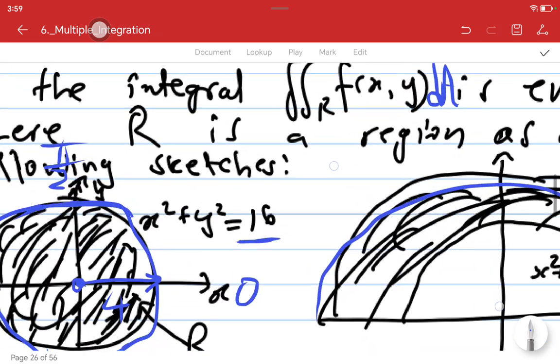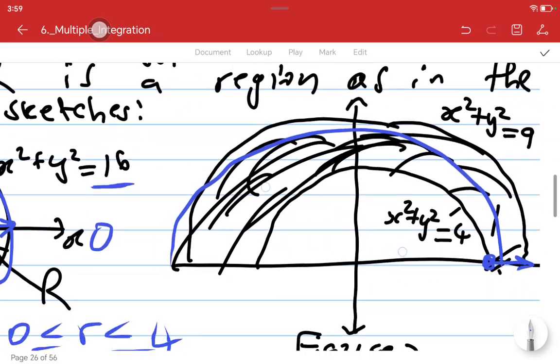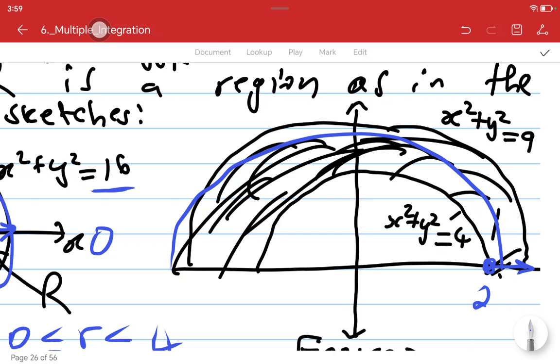With the first one, root of 4 is 2, root of 9 is 3, so our range for r will be between 2 and 3.